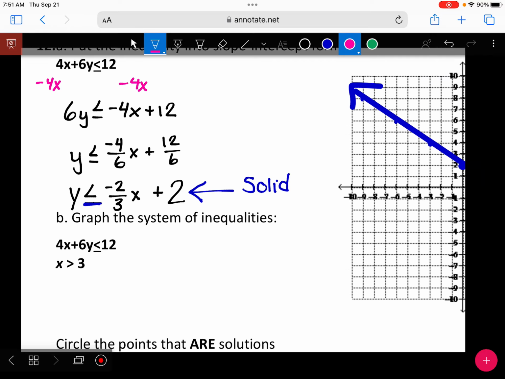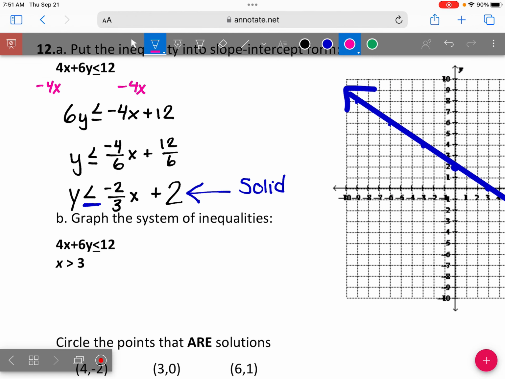How would we know that? Okay, cool. Just making sure we weren't guessing that. Yeah, we take a point that's not on our line. 0, 0 is a lovely option. We can either substitute it in here or way up here. So minus 4 times 0 is 0. 6 times 0 is 0. 0 is indeed less than 12.